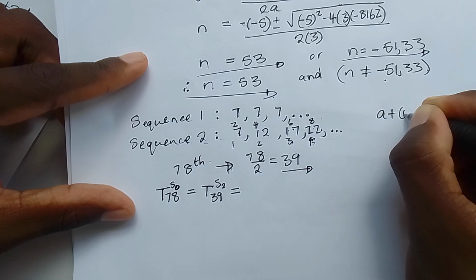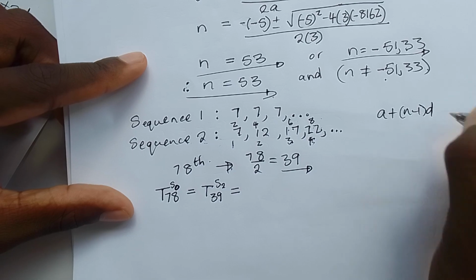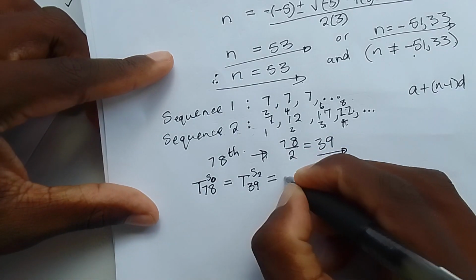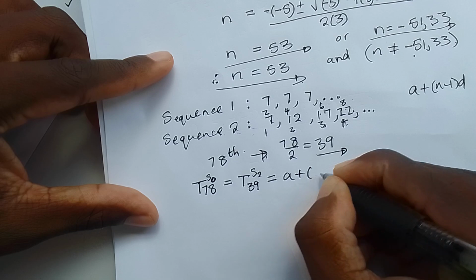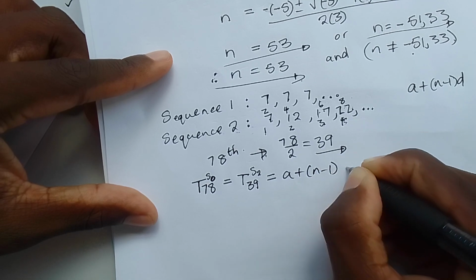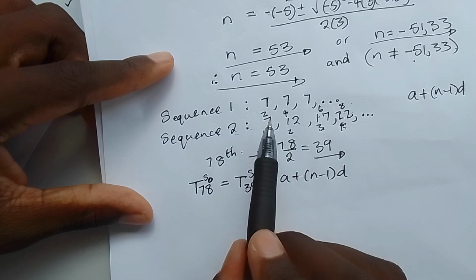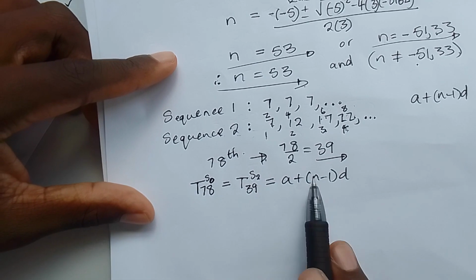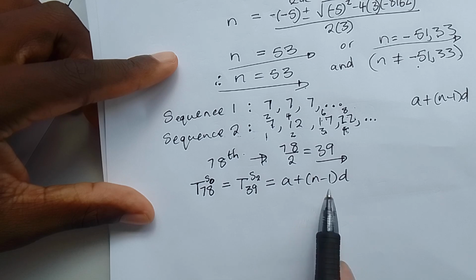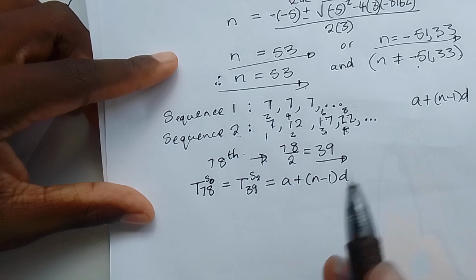Tn is equal to a plus (n minus 1) d. Do we know a? First term, 7, yes. Do we know n? Yes, 39. Do we know d? It's the common difference.